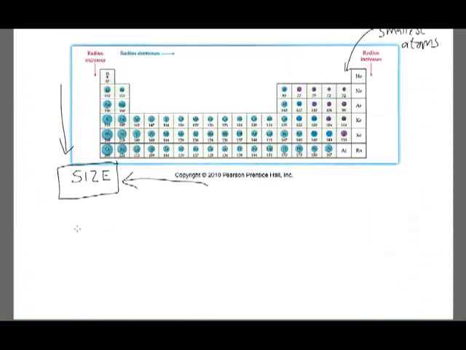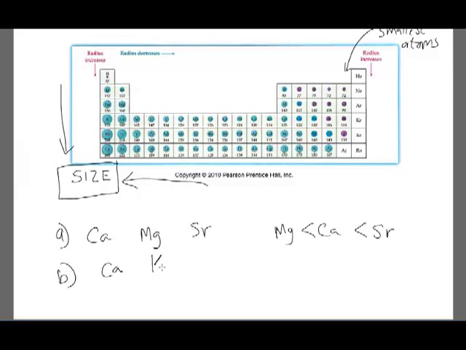Okay, the first one was calcium, strontium, and magnesium. Okay, so we see calcium is here, strontium is here, magnesium is here. So going down, they get larger, so we can say that strontium's the largest. And next is calcium, and next is magnesium. So that's A. Try B, which was calcium, potassium, and gallium.